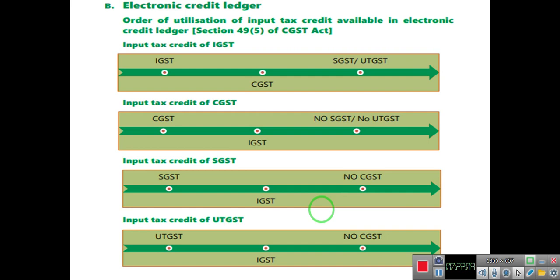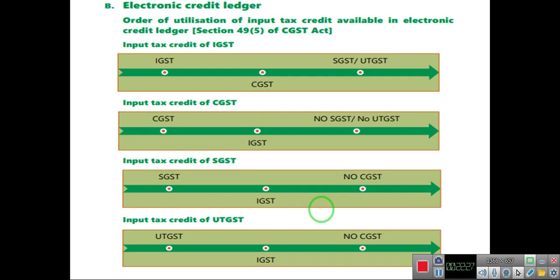If input tax credit of CGST is available, it can be used first to make payment towards CGST, then IGST, but CGST credit can't be used for SGST and UTGST.